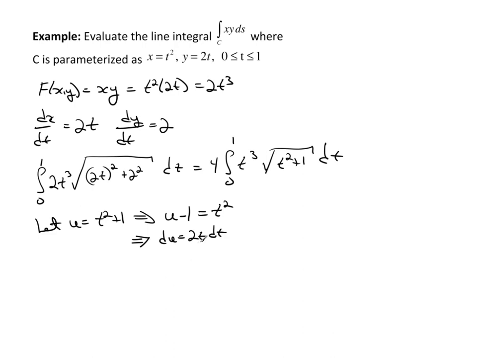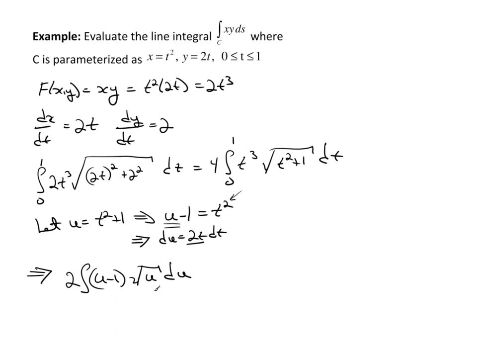So what I'm going to do is this 2t, I'm going to use up a 2 from the 4 and one of these t's and end up with the t squared left. And I'm going to take that t squared and I'm simply going to write it in terms of u. So that's going to end up giving me then 2 times the integral of u minus 1 times the square root of u du.